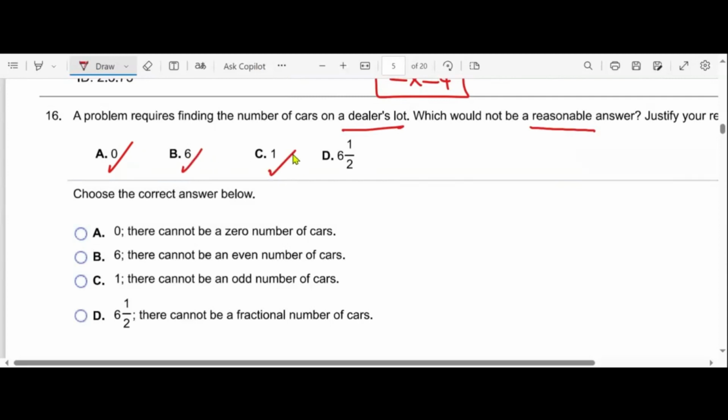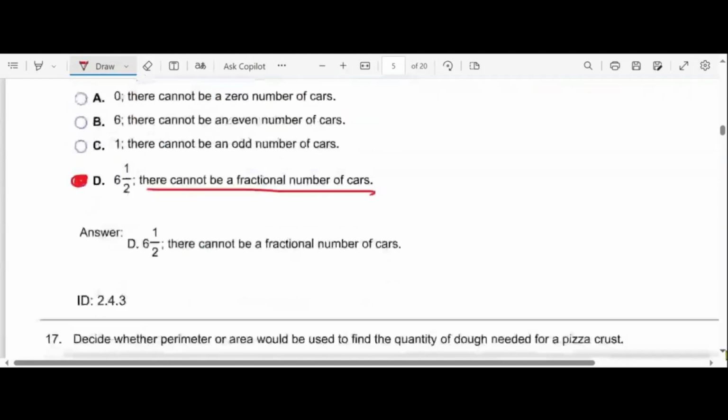Can he have 1 car? Can he have 6.5 cars? No. So this is not reasonable because there's no half car, right? There cannot be a fractional number of cars. Can I say 4.5 persons? No, it's either 4 or 5. Clear? Let's go to the next one.